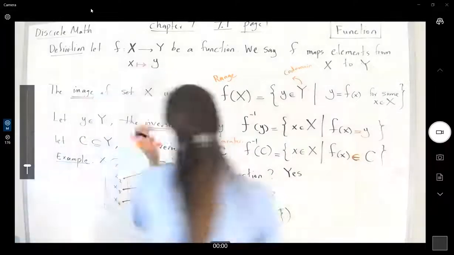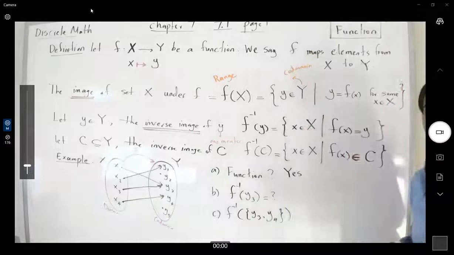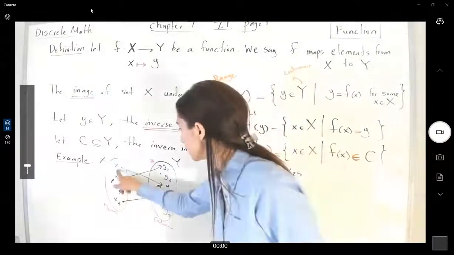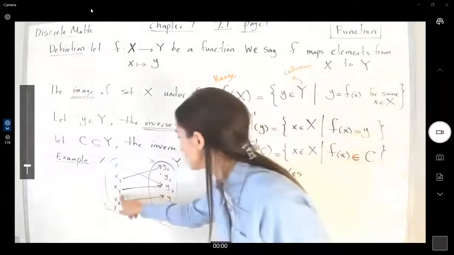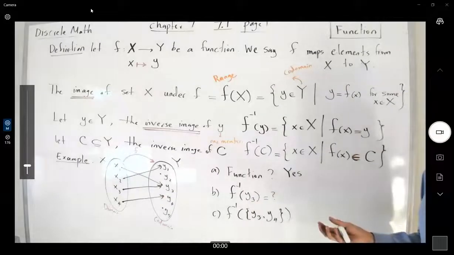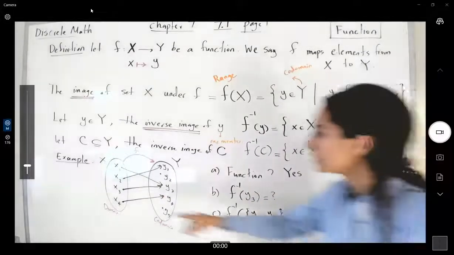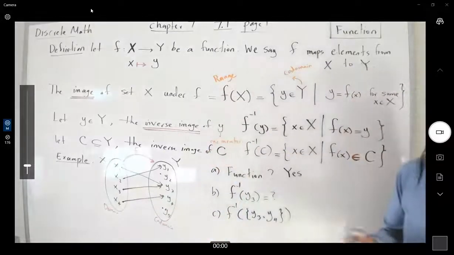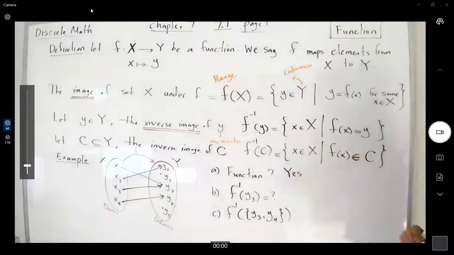Does it pass the vertical line test? x1 goes to y3, x3 goes to y3 as well. We don't have any problem with that. x2 goes to y1 and x4 goes to y4. We have a nice function here.